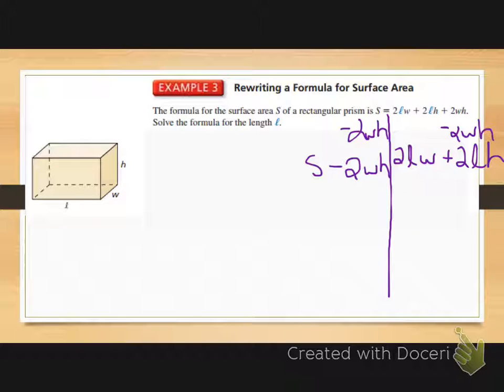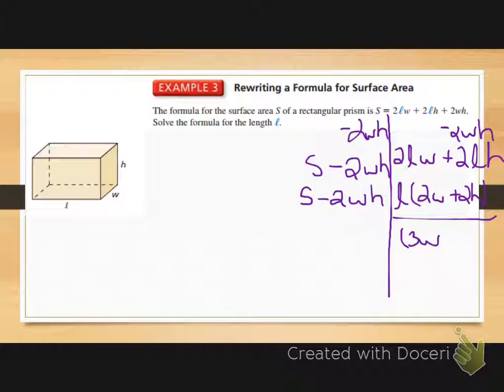Now your next step here is we're going to factor out our L again so that we can have our L by itself. So we're left with 2W plus 2H. And again, we just need to divide by that 2W plus 2H to get rid of it.